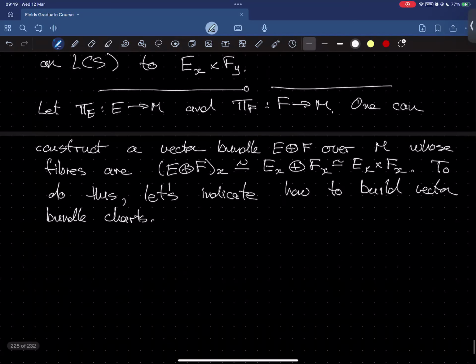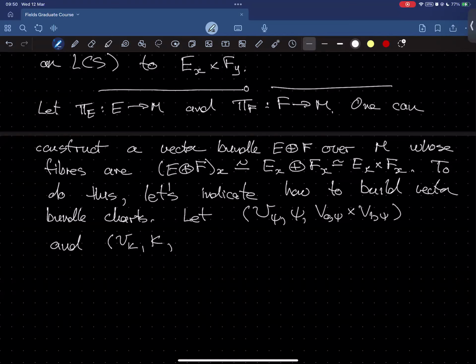So you build vector bundle charts by combining vector bundle charts for E and F. So let's say V, psi, V_0, psi, V_1, psi, and let me call it kappa, vector bundle charts.